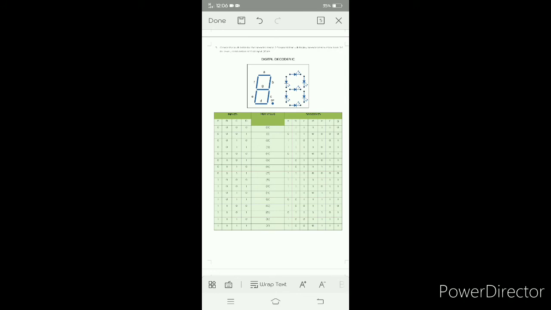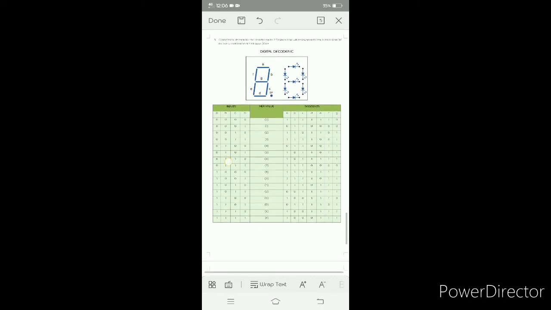And lastly, for problem number 5, create the truth table for the hexadecimal to 7-segment display that will display hexadecimal numbers from 0 to F for every combination of 4-bit inputs. So this is now our answer.